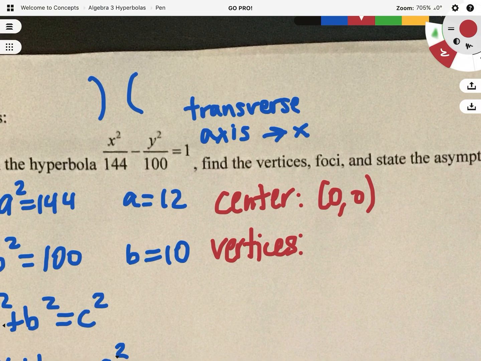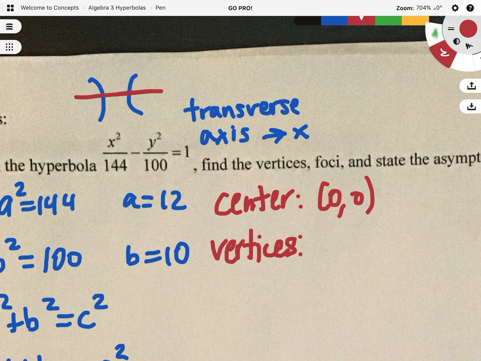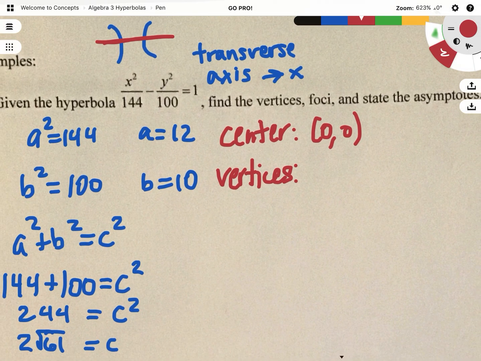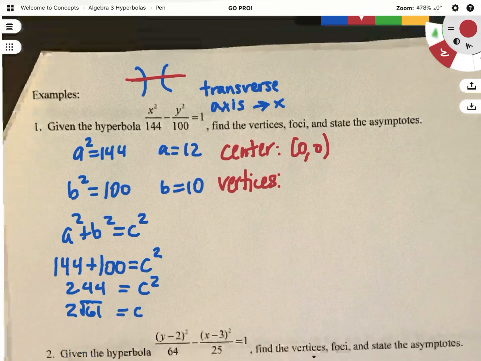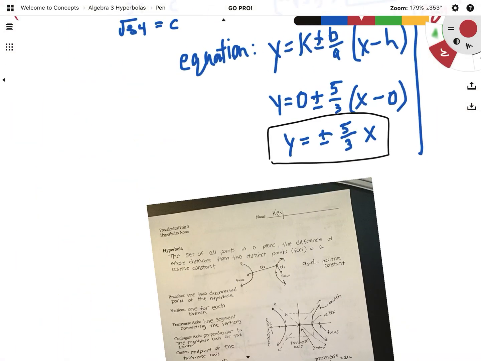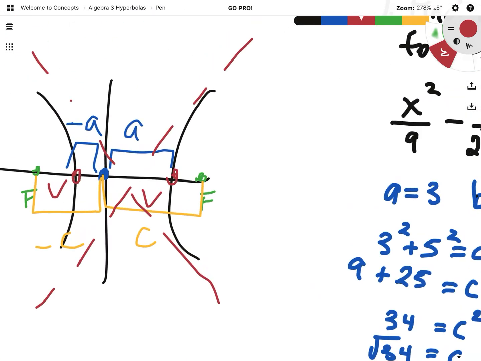Okay, now let's do the vertices. The vertices are going to be affecting the x coordinate, not the y. So it's the center and then plus or minus some x value because it's opening horizontally. So what is that x value? Well, it is our a, if you recall, way up here.